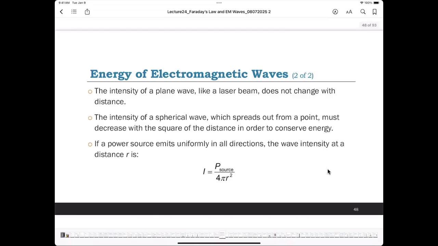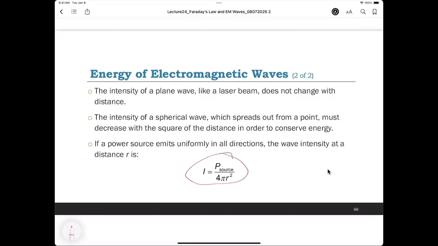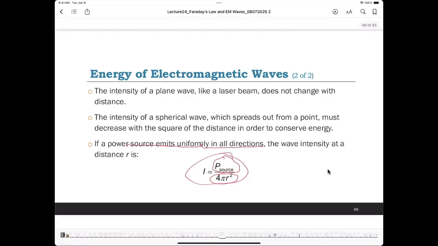If a power source emits uniformly in all directions, the wave intensity at a distance r is given by this equation. This is the power, this is the area, and this is the intensity.